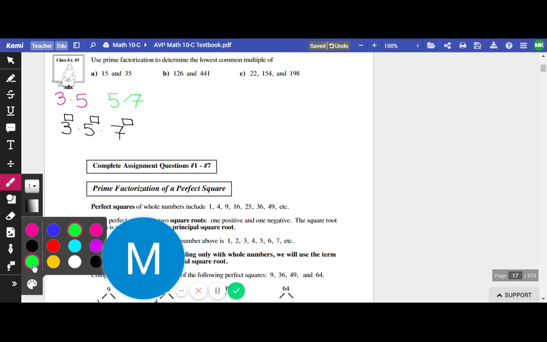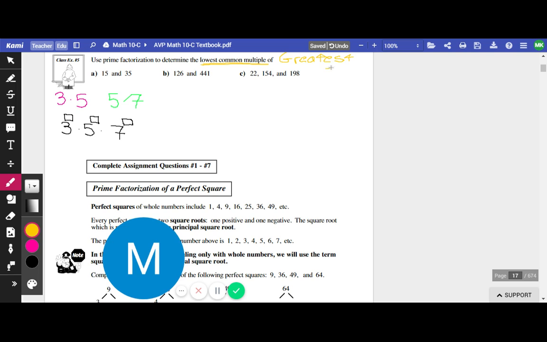For LCM, you want the greatest exponent. It's opposite: greatest common factor, pick the lowest exponent; lowest common multiple, pick the greatest exponent.